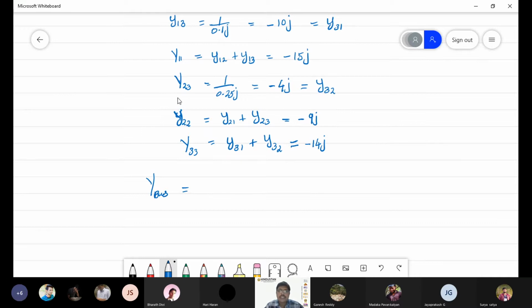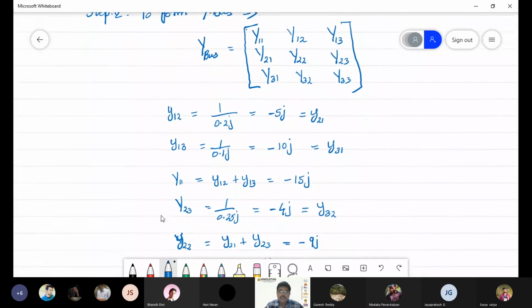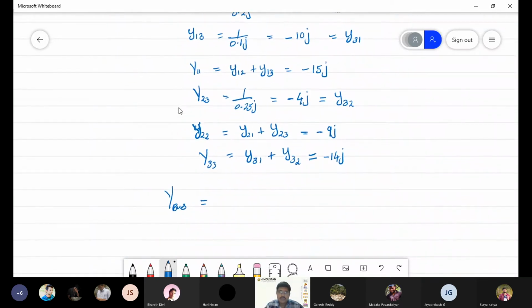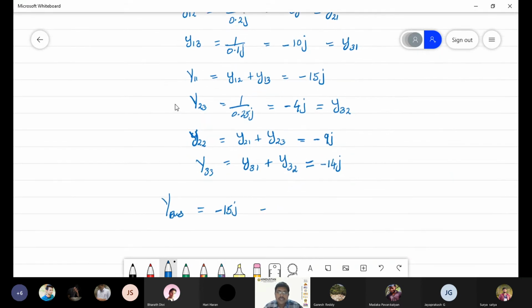Therefore we are going to substitute y11, y12, y13. y11 is equal to minus 15j, and y12 is equal to minus 5j, so it will be 5j since we need to change the sign, and y13 is equal to 10j. I hope we already know these things, so anyway we need to substitute them.